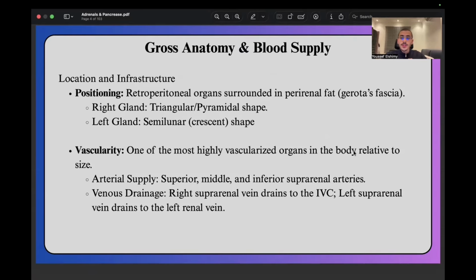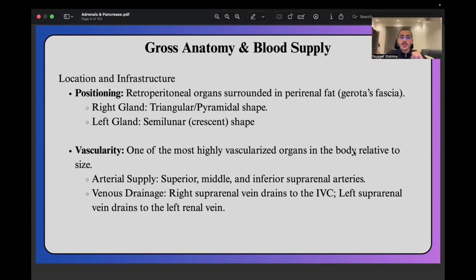In terms of vascularity, although it is a really small gland, it is one of the most highly vascularized organs in the body relative to its size. And this is due to the heavy and rich arterial supply that it gets. In terms of arterial supply, it is supplied by three arteries each. We have the superior, the middle, and the inferior suprarenal arteries.